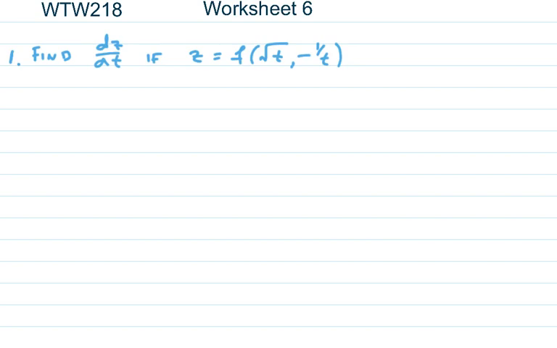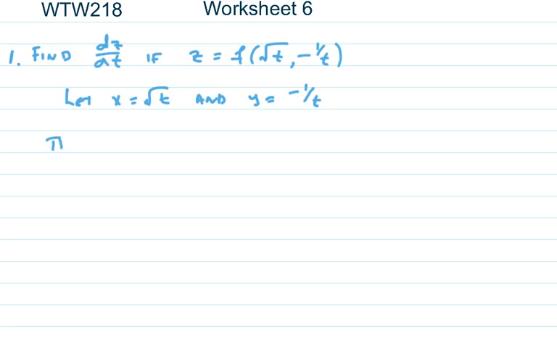Most students are baffled by the way that z is defined in this equation. We can make it look much better by using two substitutions. So, let x be equal to the root of t and let y be equal to negative 1 over t.